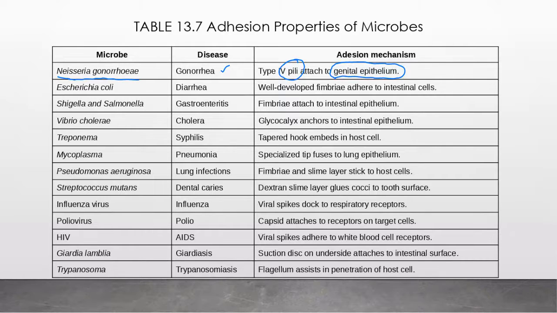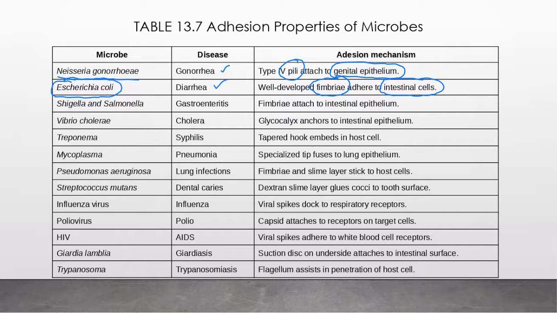E. coli, and the name should tell you that this bacteria will attach to the colon or large intestine. It can cause diarrhea. And what do they use? They use fimbriae to attach to the intestinal cell, especially to the large intestinal cells.